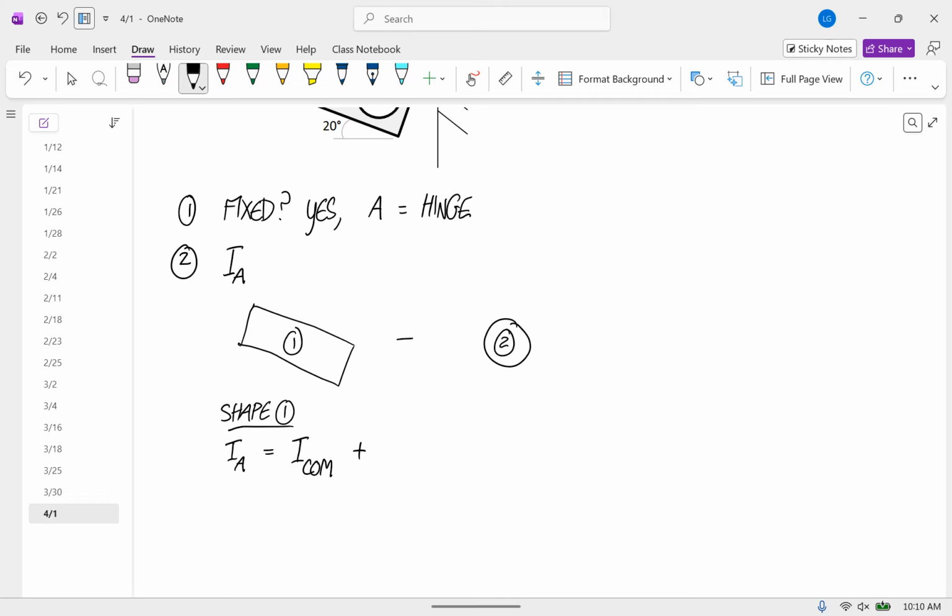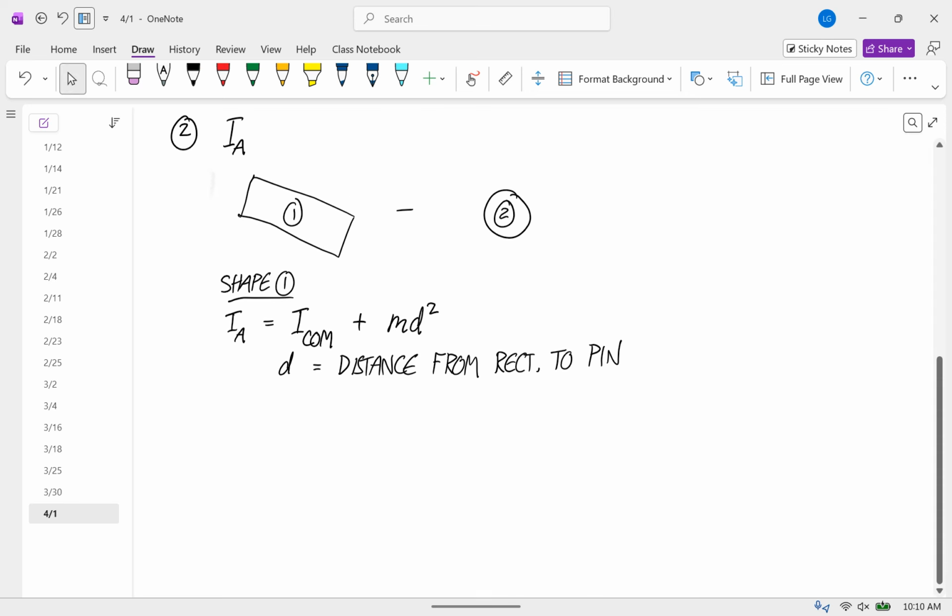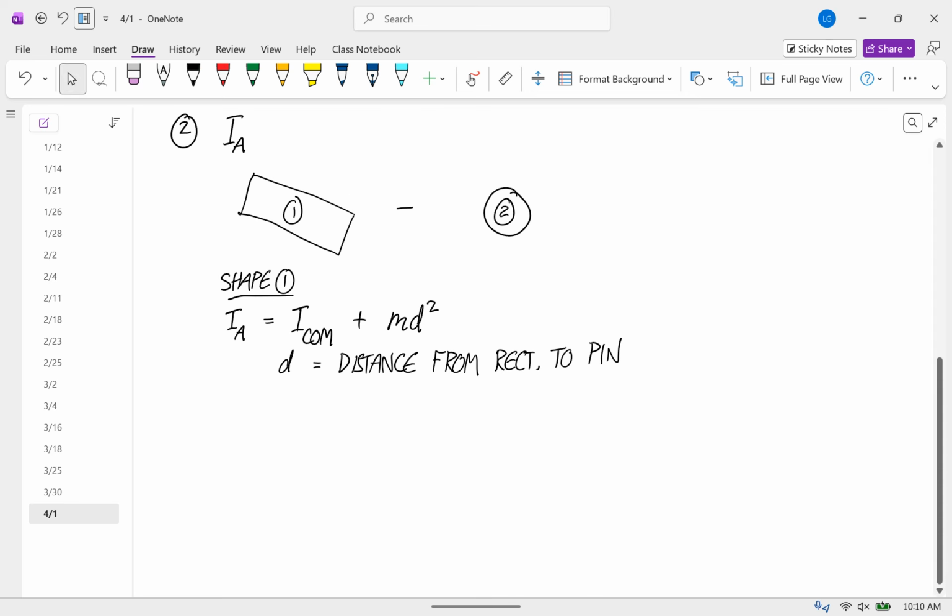And then you have to use the parallel axis theorem plus md squared, where d is the distance from the rectangle center of mass to the pin. And then we'll do shape 2.